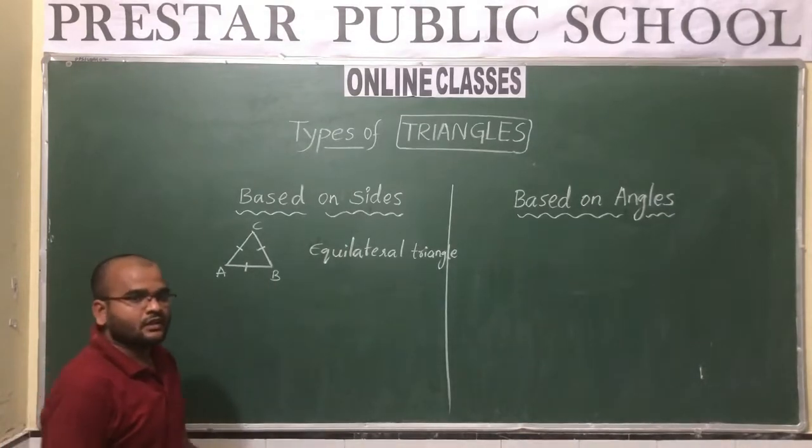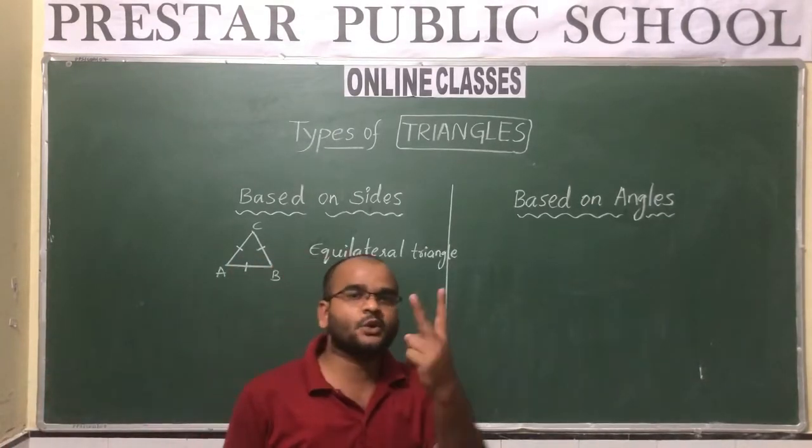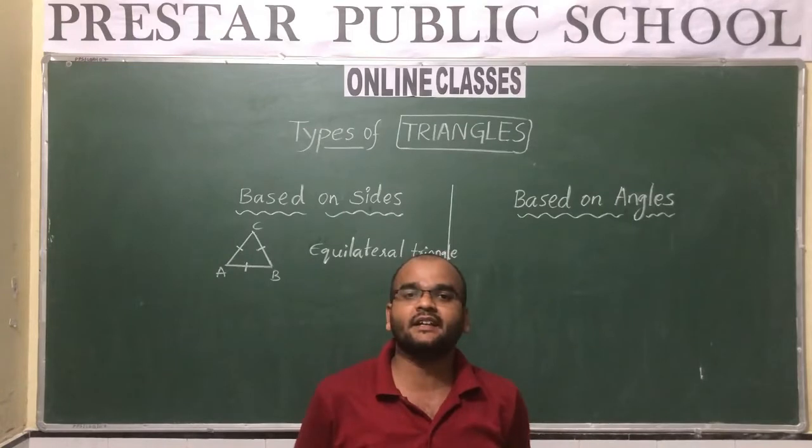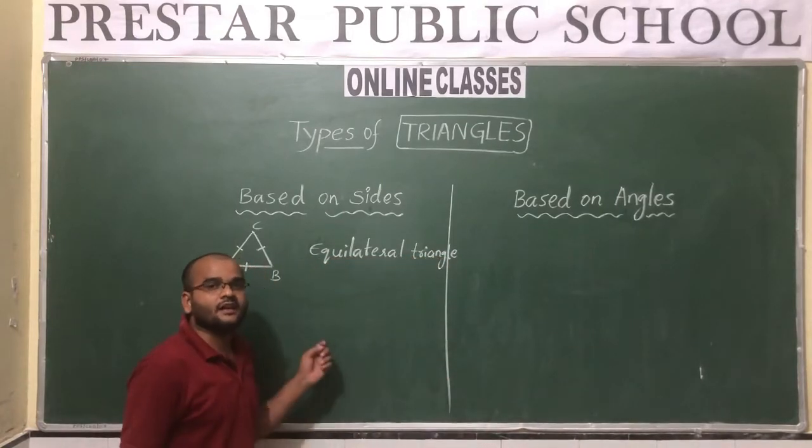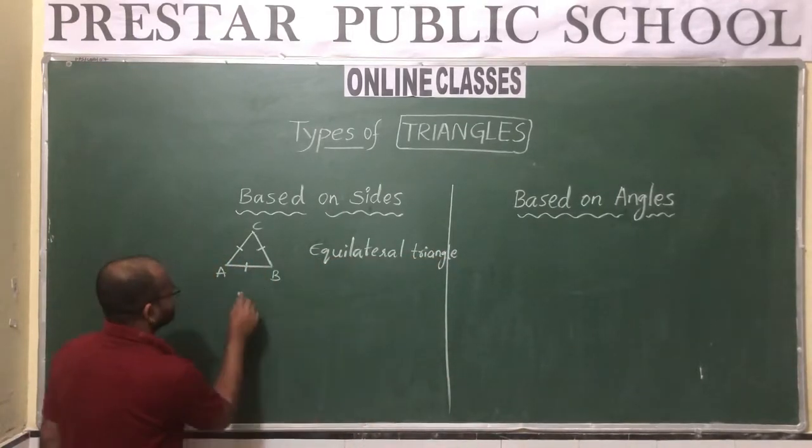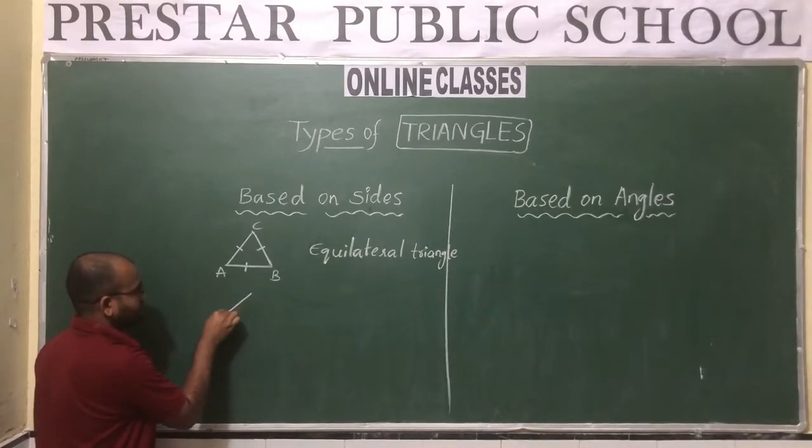Next, if in a triangle only 2 sides are equal, then what is it? It is called an isosceles triangle. See here.